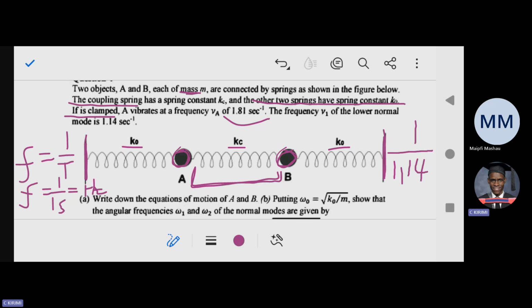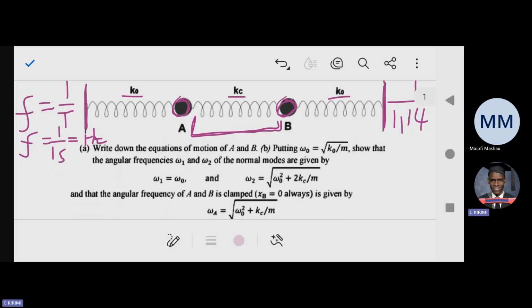Show that the angular frequencies ω1, ω2 of the normal modes. Remember, you are given the lower normal mode, given by this. So this is what we want to show. So in other words, this question is like we are doing a derivation.